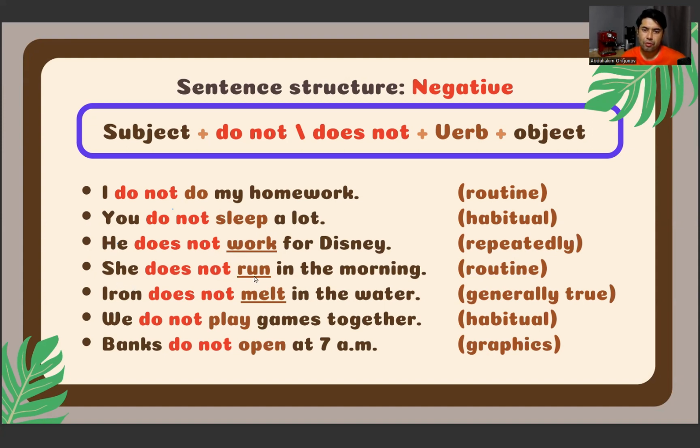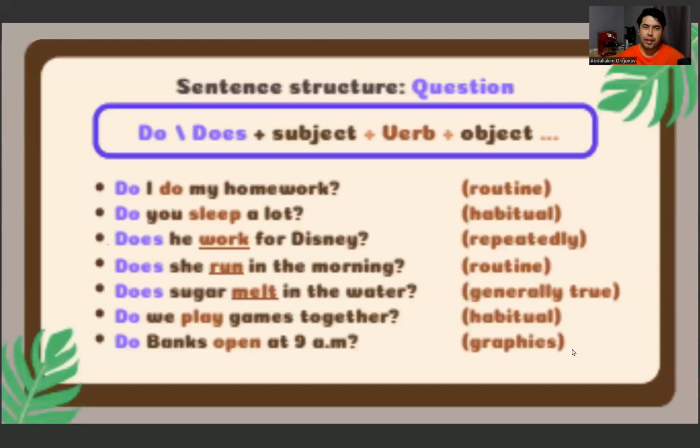She does not run in the morning. Daily routine. Iron does not melt in the water. This is a generally true thing. We do not play games together. This is habitual. Banks do not open at 7 a.m. This is a fact. Hope you understand.